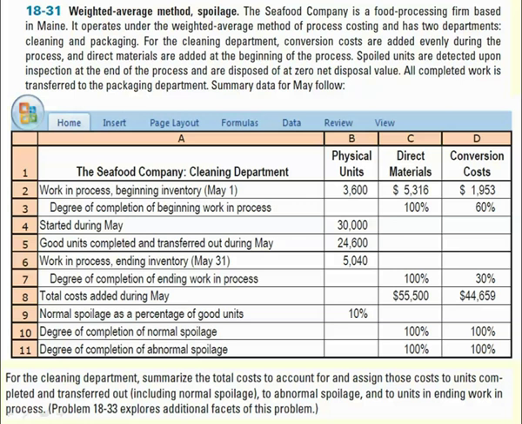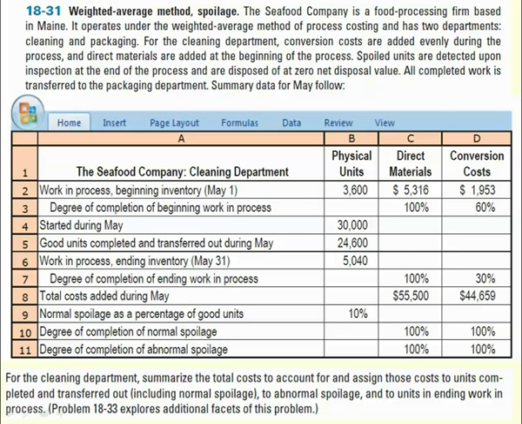For the cleaning department, conversion costs are added evenly during the process, and direct materials are added at the beginning of the process. Spoiled units are detected upon inspection at the end of the process and are disposed of at zero net disposal value. All completed work is transferred to the packaging department.